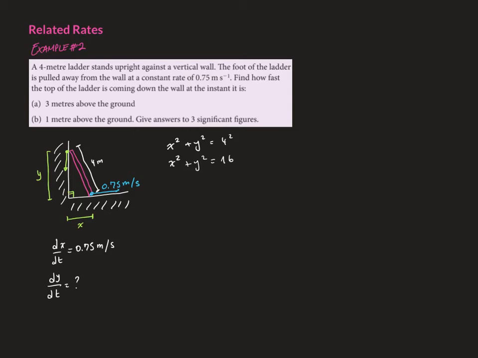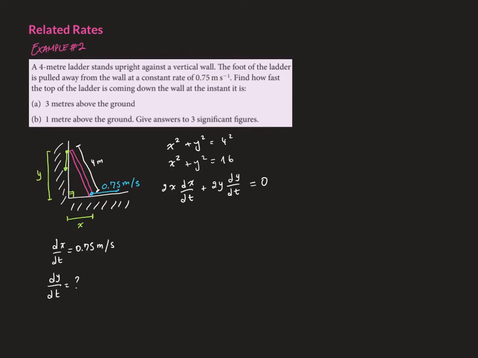If we want to know the rates of change, then we need to differentiate this expression implicitly, and we will get 2x times the derivative with respect to t of x plus 2y times the derivative of y with respect to t equals the derivative of 16, which is 0 because it is a constant.